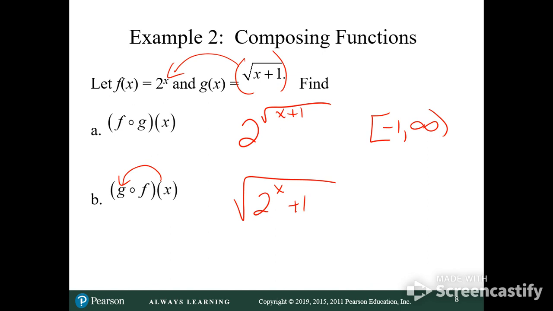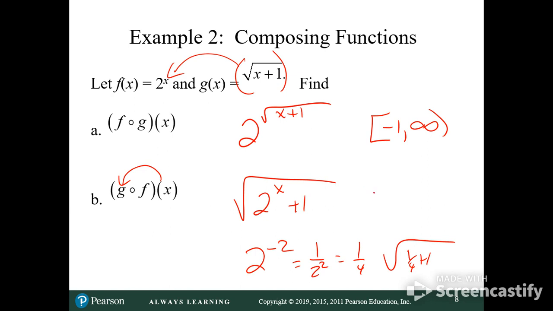No. What if we have 2 to the -2 power? Doesn't that make it negative? No. 2 to the -2 power is 1 over 2 squared, which is 1/4. So that would be the square root of 1/4 plus 1. So there's nothing that would make this negative.